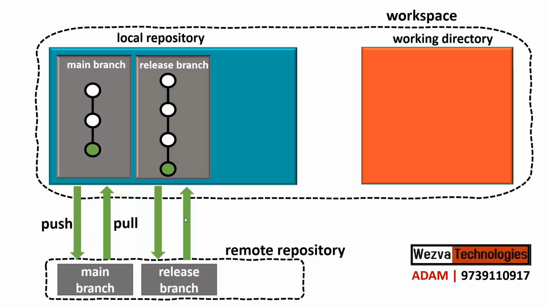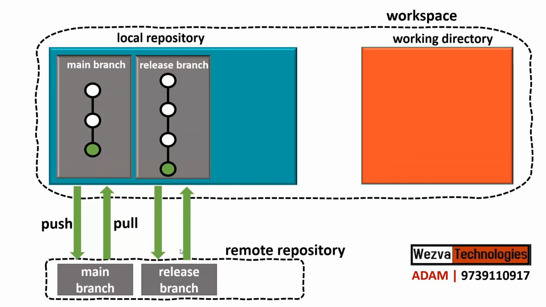So this is how you can have multiple branches in your workspace, choose which one you want to work on, and share the changes between those branches on your local and remote repository in the same way. So this is how, by having multiple branches, Git helps in parallel development.